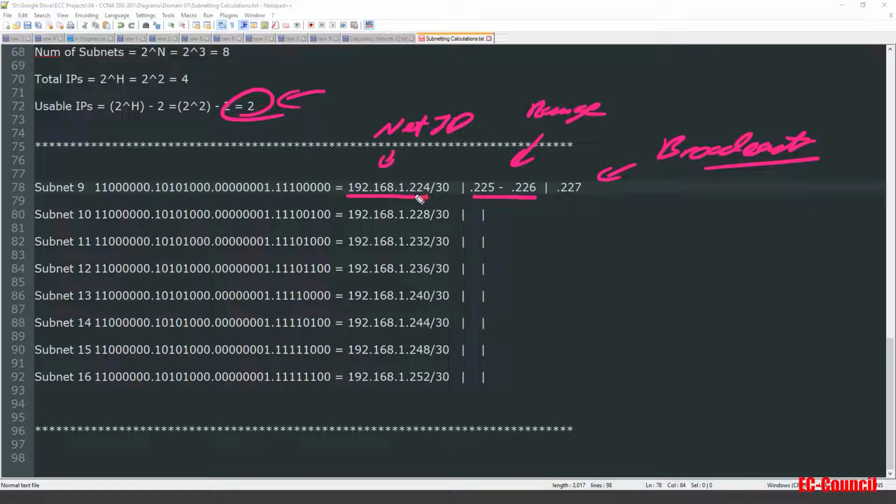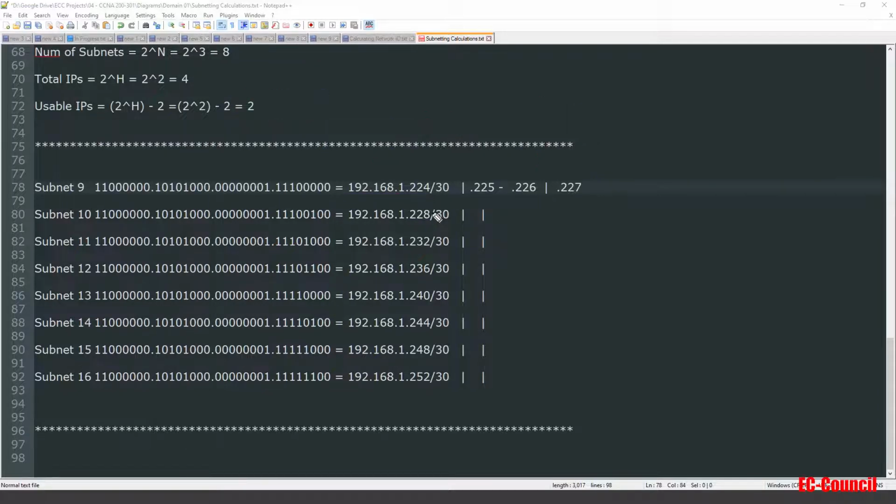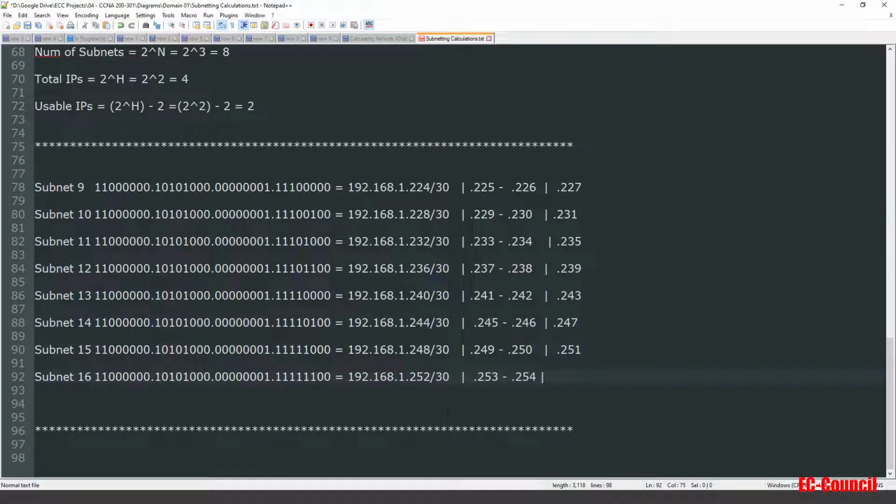So we have 224, 225, 226, 227, 228, and you can guess 229, 230, 231, 232, and so on. And as you can see, we have 0 overlapping.